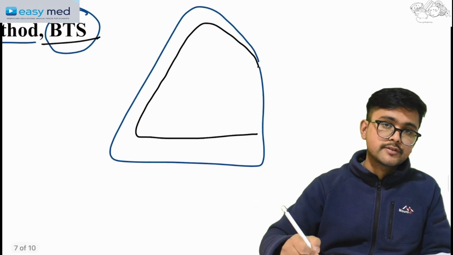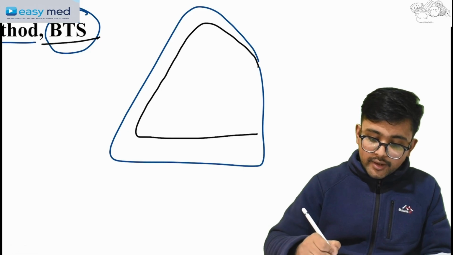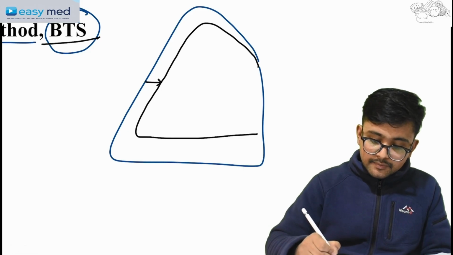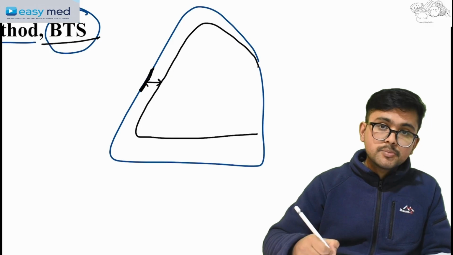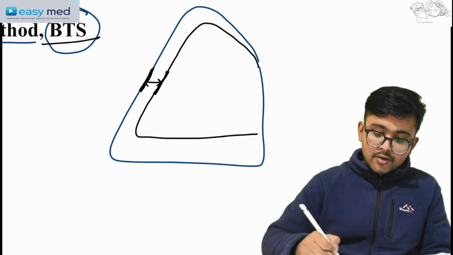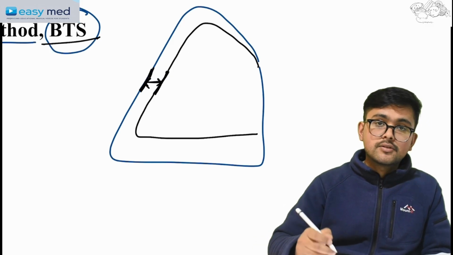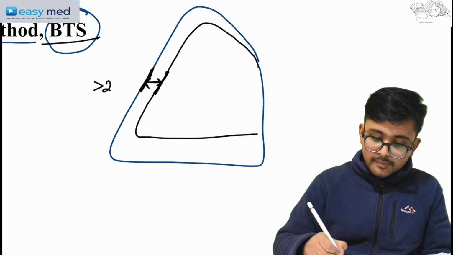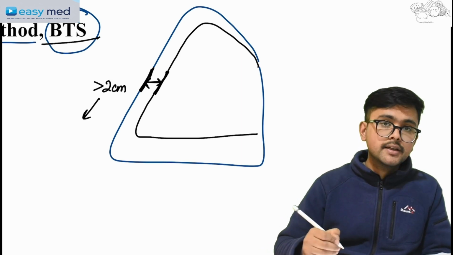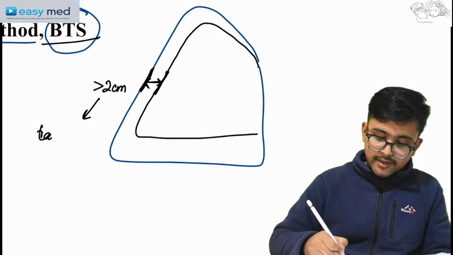Of course, there would be hilar vessels. So at the level of hilum, when you measure the size, measure the distance between the parietal pleura and the visceral pleura, or in other words, the length of the pleural cavity. If it is more than 2 centimeters, they say this is a large pneumothorax.